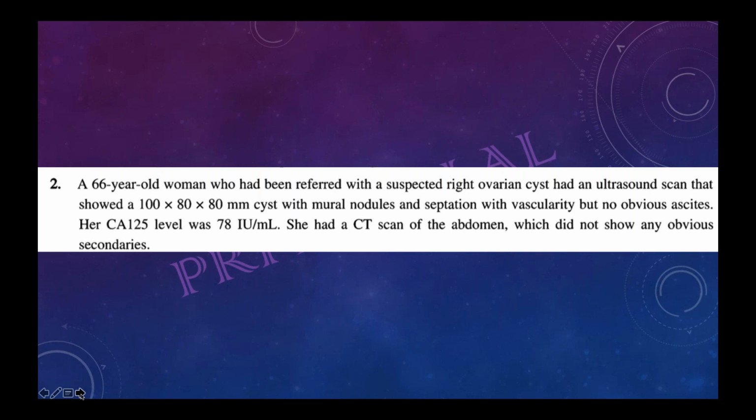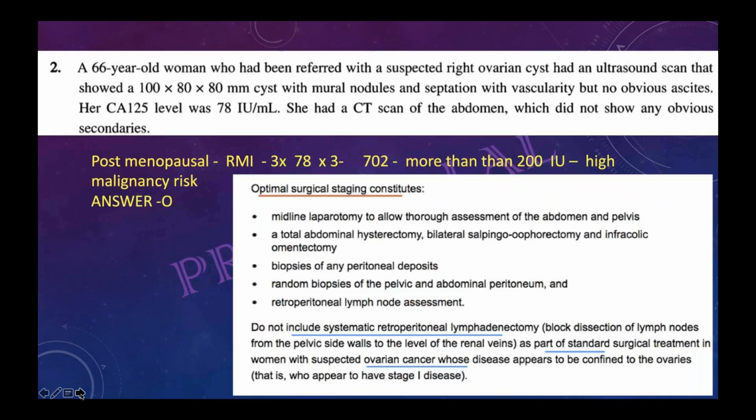Laparotomy. Laparotomy, yes. It should be surgical staging. If you calculate RMI, it is 702, more than 200, malignancy risk. And there is no secondaries. That means it is early stage cancer only. So surgical staging is the answer.